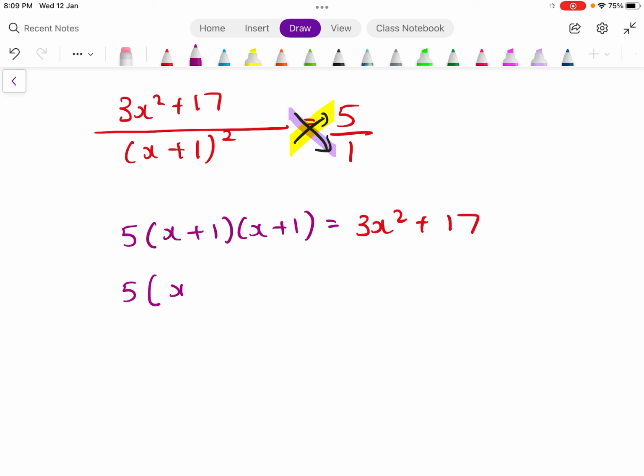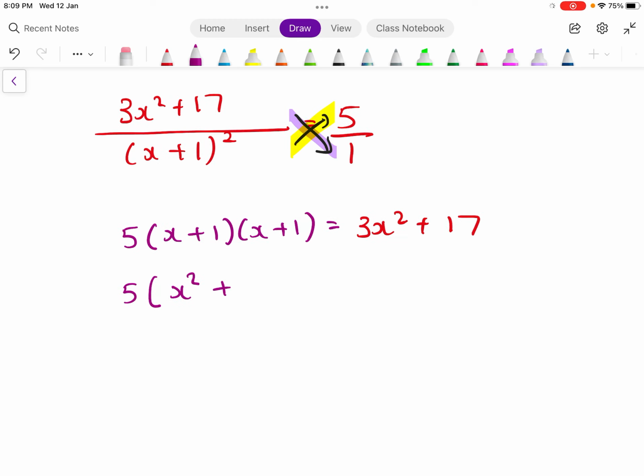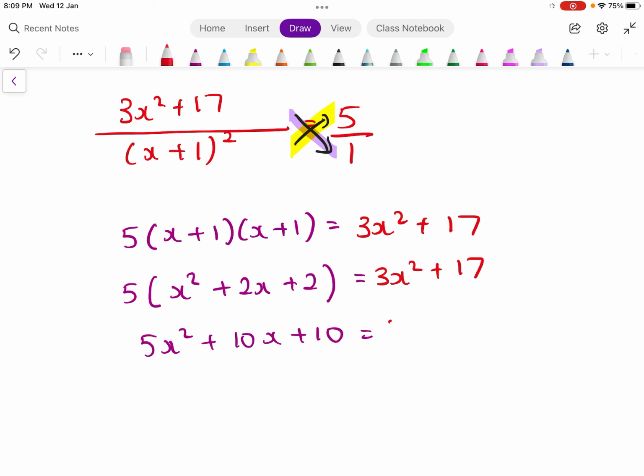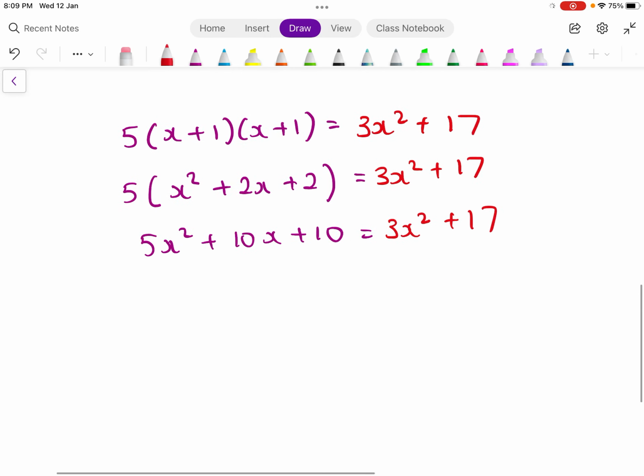I do a quick one: 5 bracket (x squared plus 2x plus 2) equal to 3x squared plus 17. Next I'll continue to expand. So 5x squared plus 10x plus 10 equal to 3x squared plus 17. Then after that you just move everything to the left hand side.